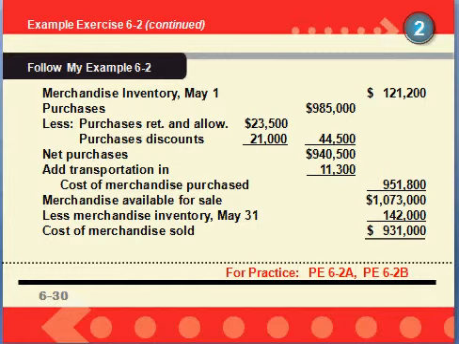So that gives us a cost of merchandise purchased for the period of $951,800, and add that to the beginning inventory, and it gives us $1,073,000 worth of merchandise available for sale. And then we subtract the ending inventory on May 31st of $142,000, and that gives us a cost of goods sold of $931,000.